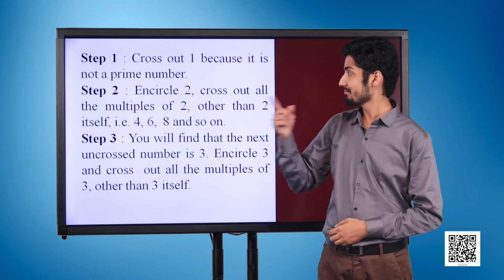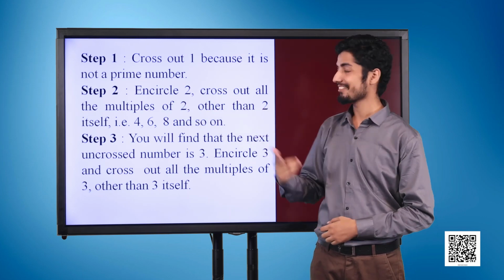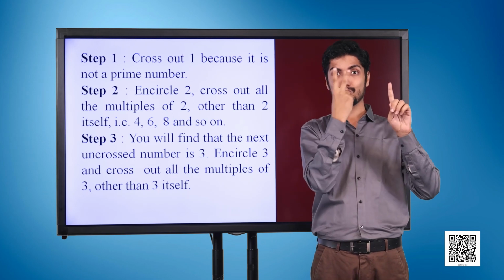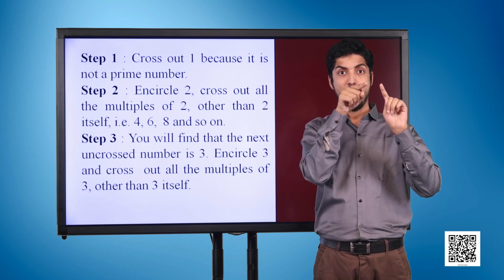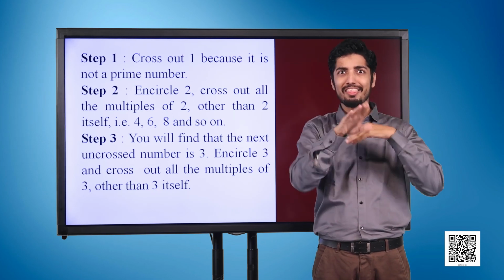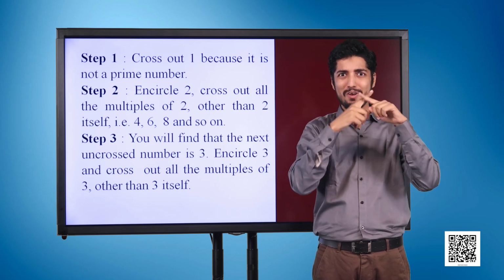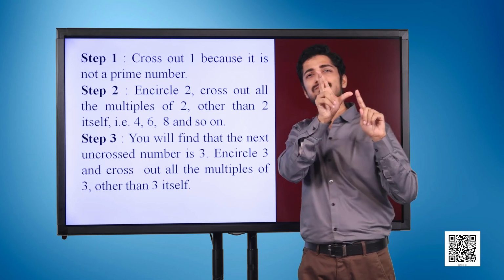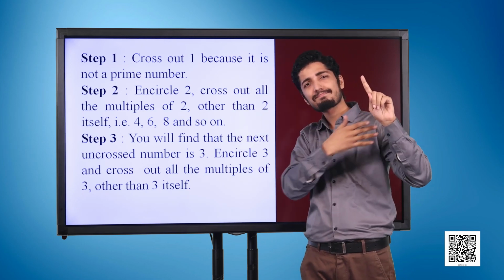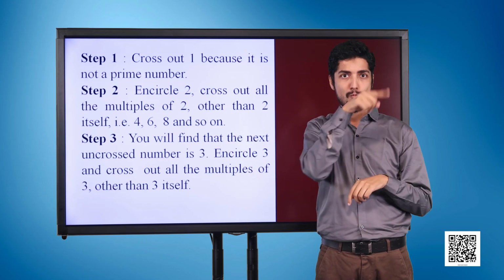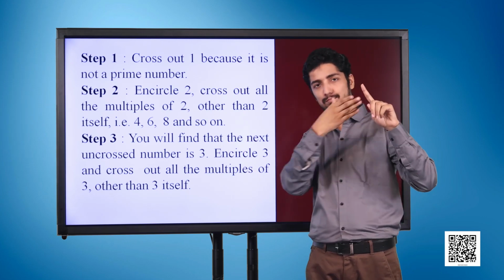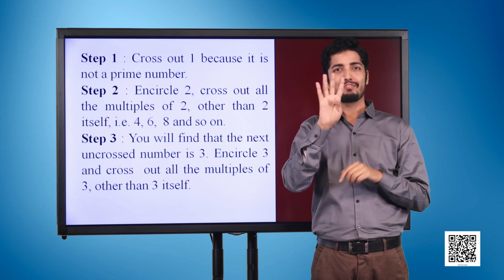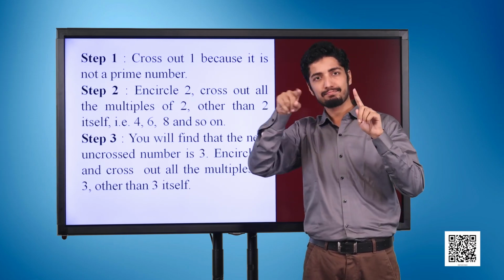Step 2. Encircle 2. Cross out all the multiples of 2 other than 2 itself. That is 4, 6, 8, and so on.